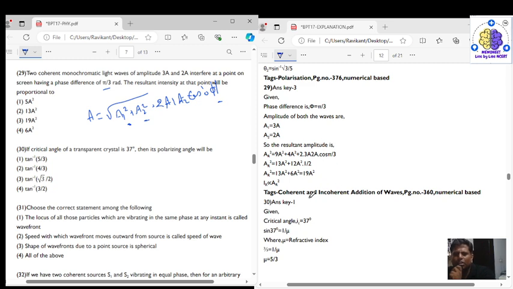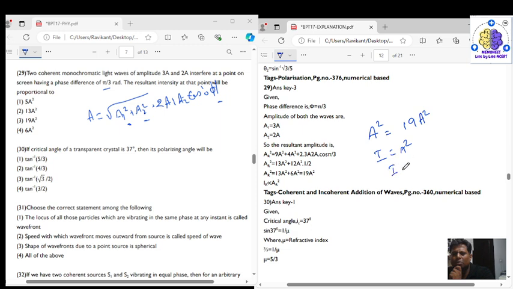From here, putting this value, we get A square, that is the amplitude of the resultant wave, is equal to 19A square, right? So A square can be written as intensity, or the intensity of the resultant wave can be written as I is equal to A square.